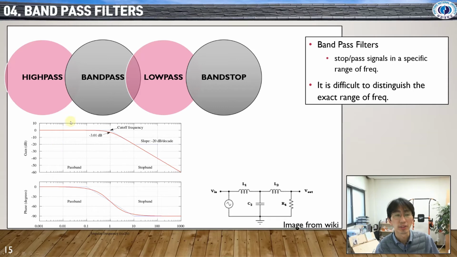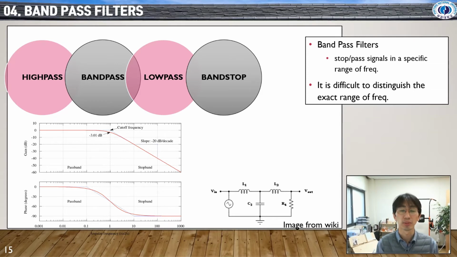A high pass filter stops low frequencies and passes higher frequencies, so we use it when we want to get the higher frequencies only. The low pass filter is used when we want to get the low frequency signals only.